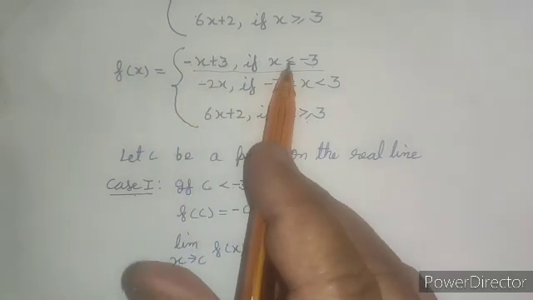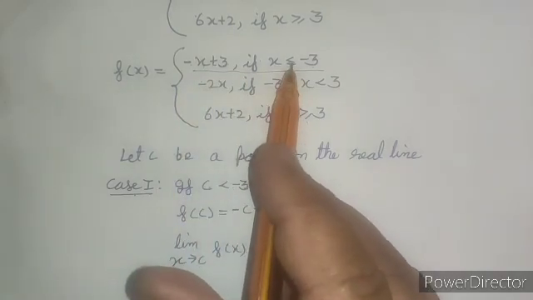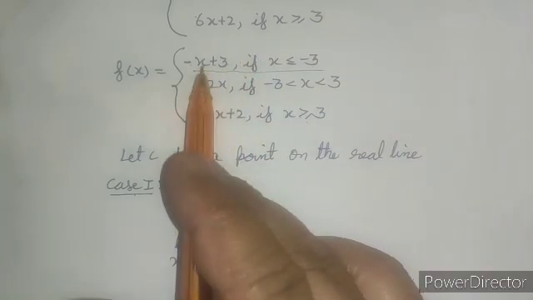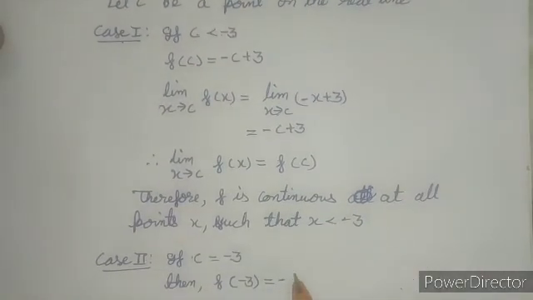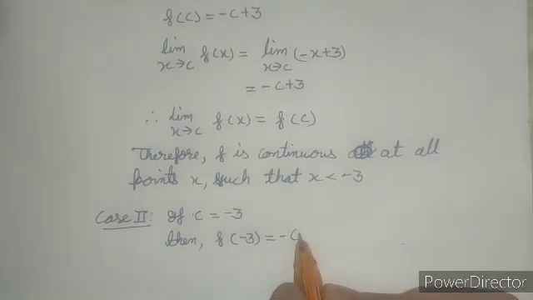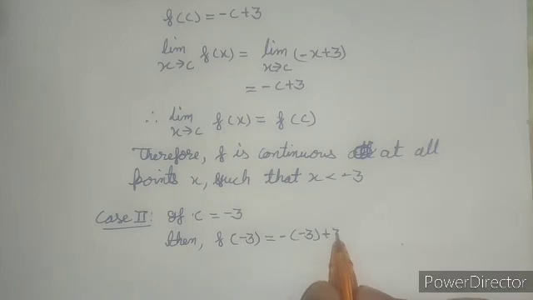So for x equal to minus 3, in place of x we will take minus 3, and that will be 3 plus 3 equal to 6.